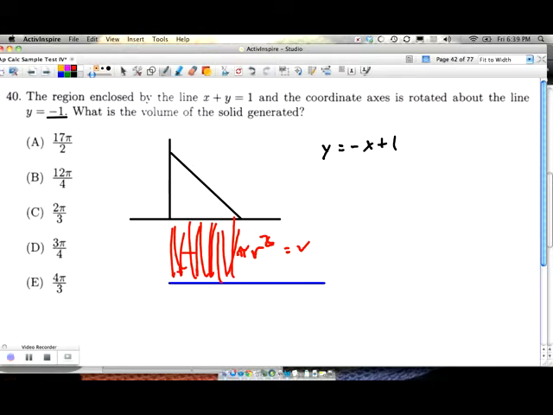And then what we're going to do is take the whole radius, which starts from the top edge all the way down to here, and that's our big R. And we're going to have the volume of the whole piece minus this inside. So our volume of the whole piece is going to be pi R squared of that part.